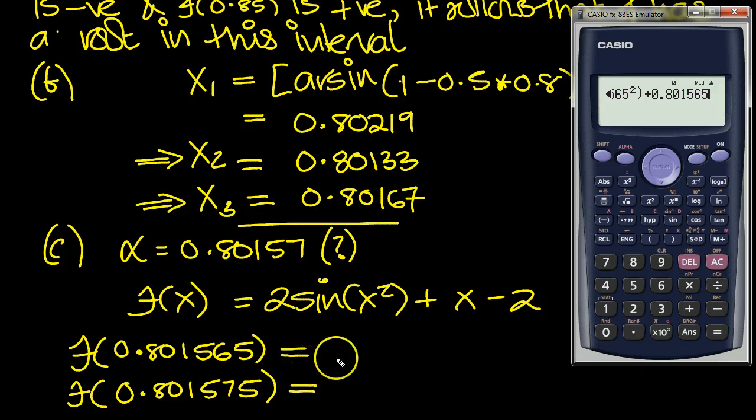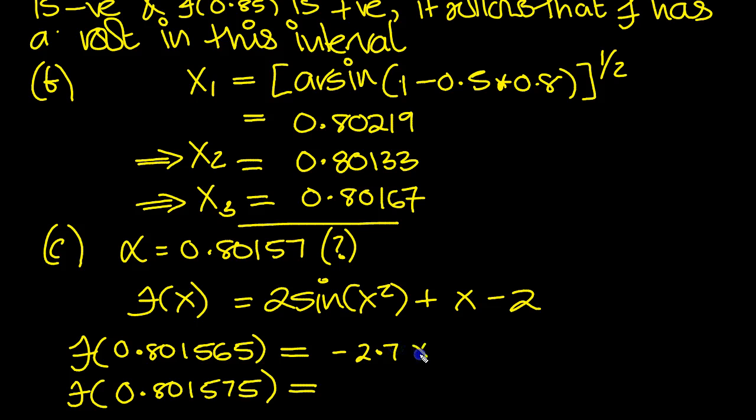Okay, that's done there then. Equals, so we get a very small negative. I'll write that down: minus 2.7 times 10 to the minus 5, negative.